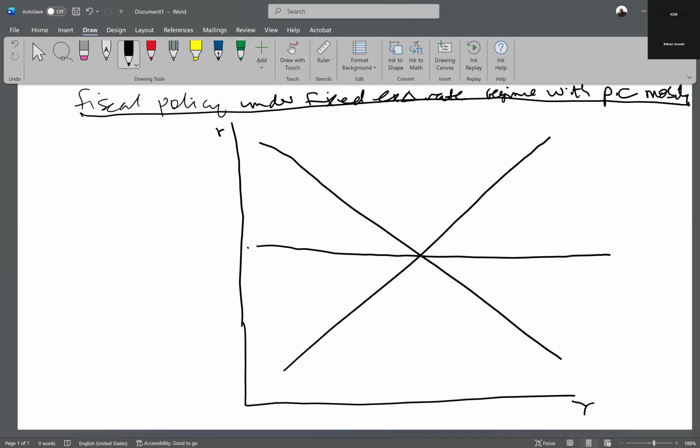So this is the BP curve. This is the LM curve. So LM0, BP0, and then IS0. At equilibrium, we are here. Call it E0. So this is the initial Y0, and then this is R0.